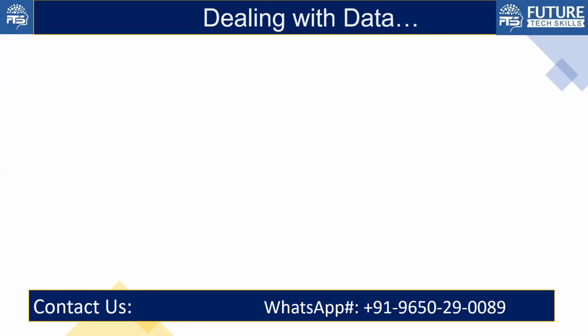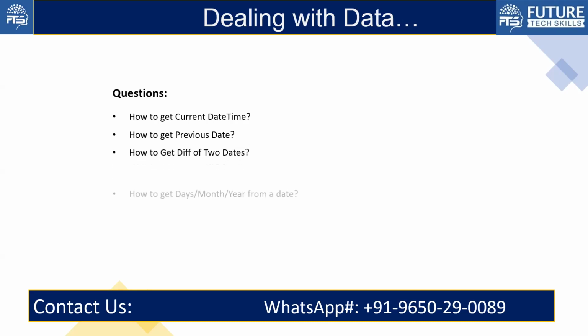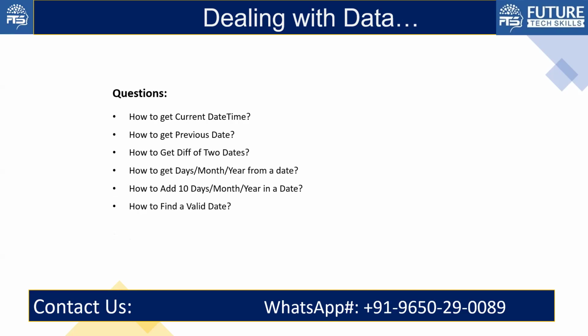There may be many, but we have the basic ones: how to get the current date and time, how to get the previous date, how to get the difference of two dates, how to get the day, month, year from a date, how to add days, months, or years to a date, and how to subtract. How to validate whether a value in a column is a valid date or not.